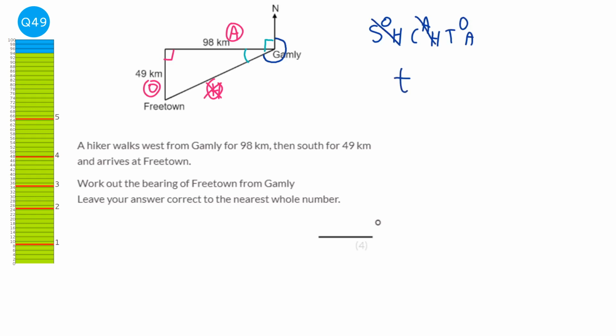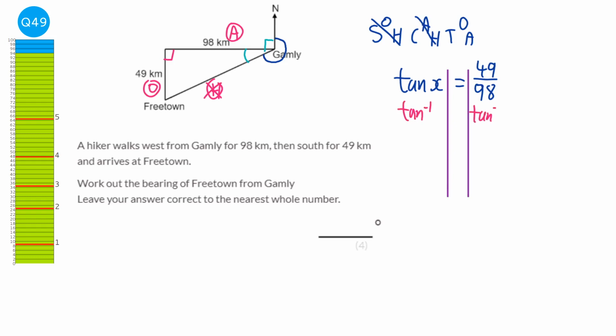And so we're doing tan x equals the opposite, which is 49 over 98. Get our lines in. And we're going to do the inverse tan to both sides.